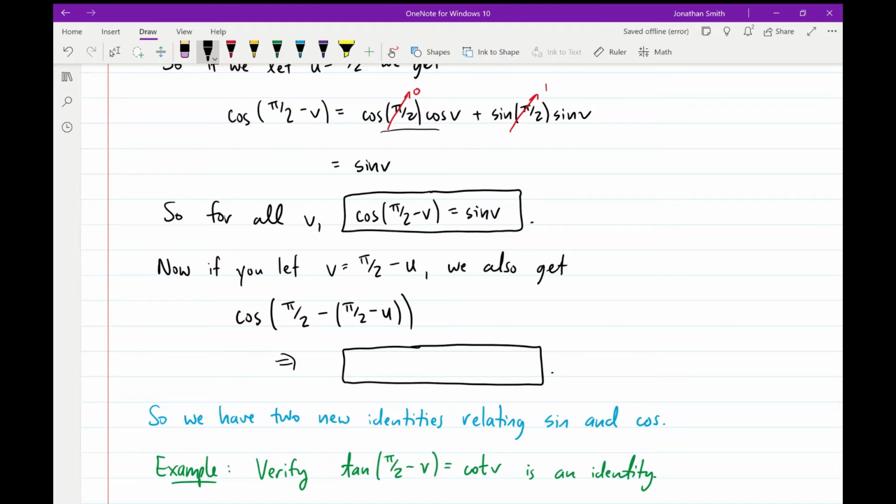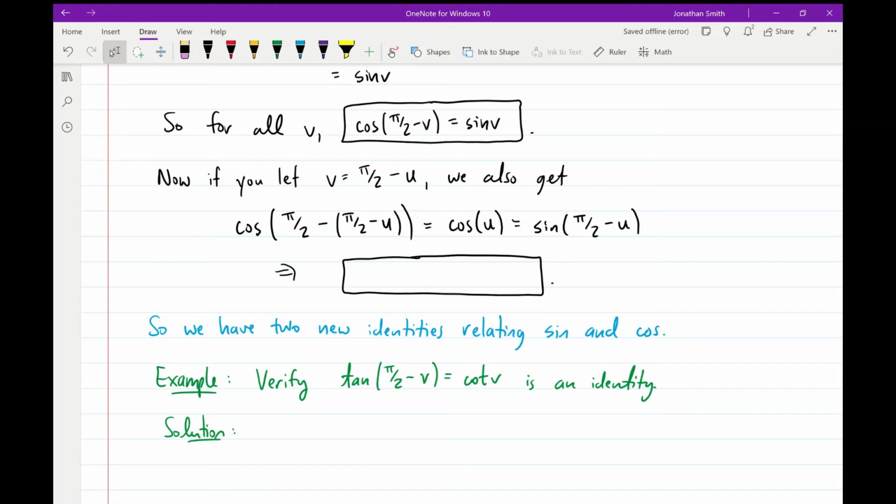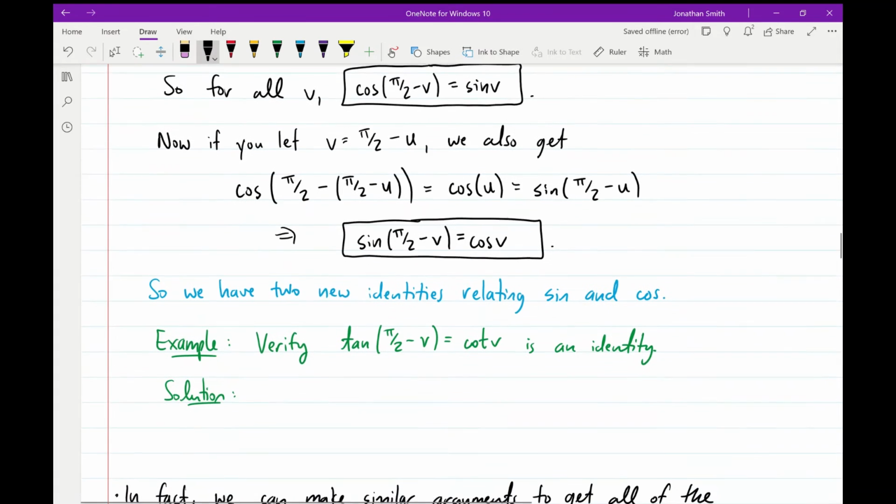We substituted that in for v, and this gives us just cosine of u, but using the previous formula, this is also sine of pi over 2 minus u. So this tells us that sine of pi over 2 minus v is equal to cosine of v for all v. We've just done a trick here, switching the variables between v and u, but we have this new identity too.